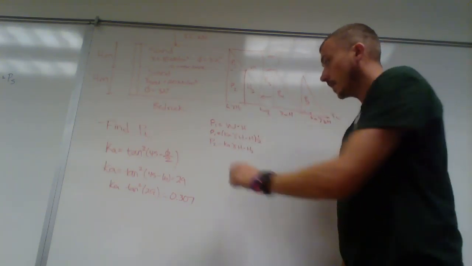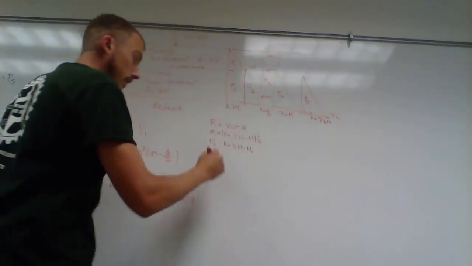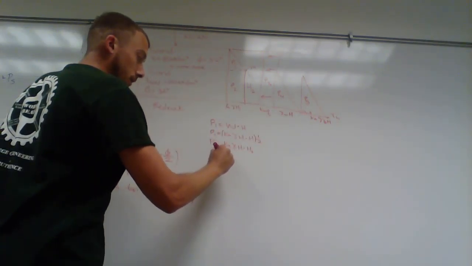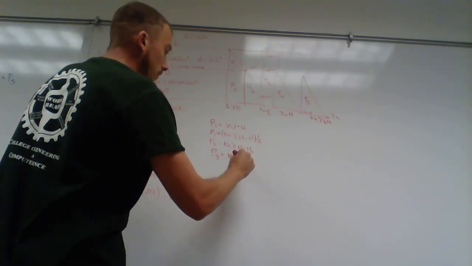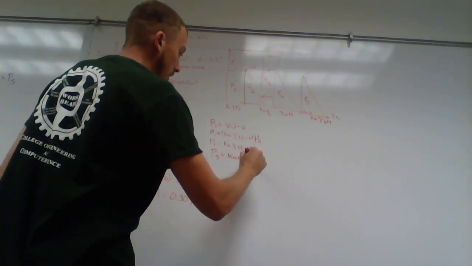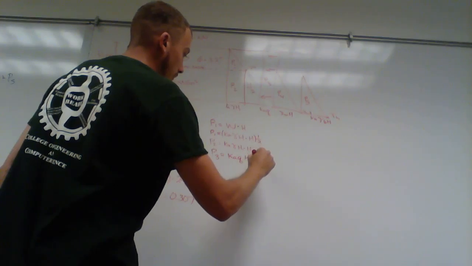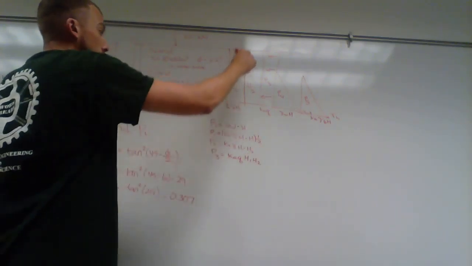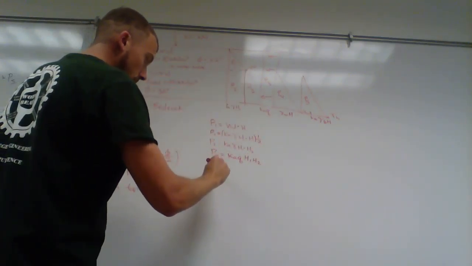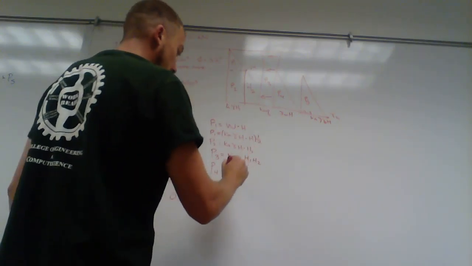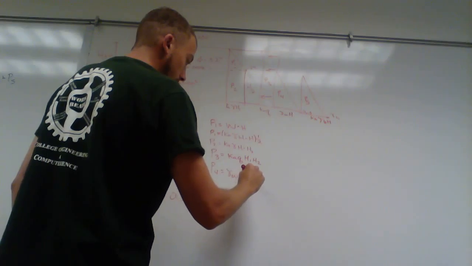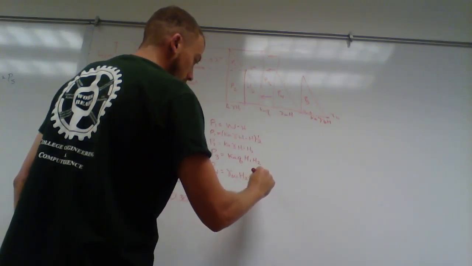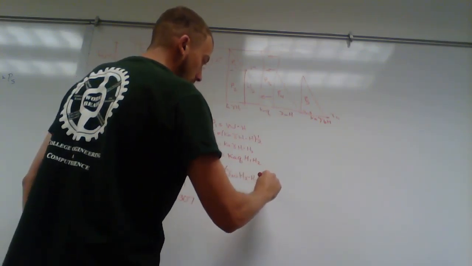Now we have to go to P3, and that's our uniform load, and that is the K sub A q, and then times H1 and H2, because in both. P4 is going to be gamma W, H2 times H2. Don't forget our 1/2.